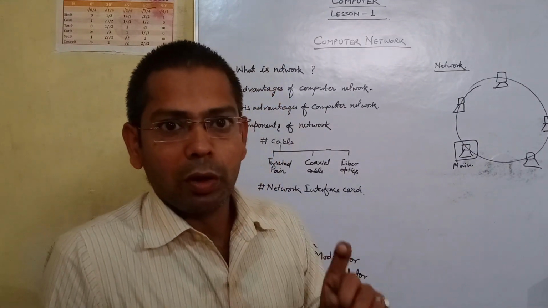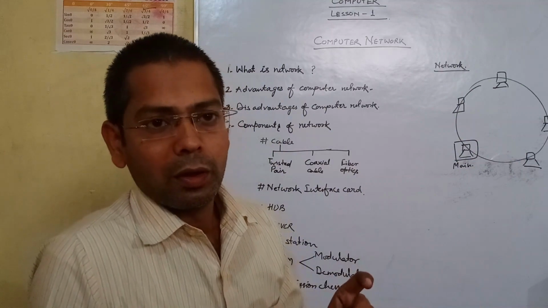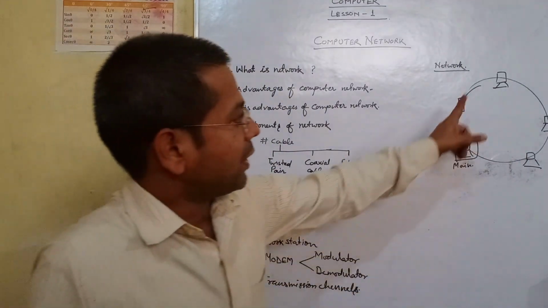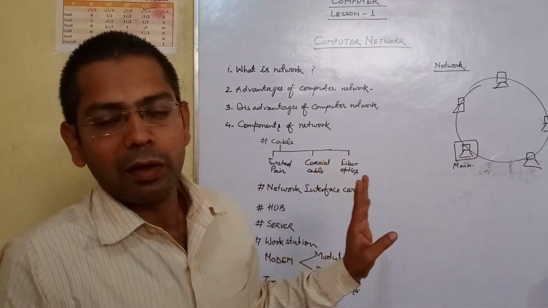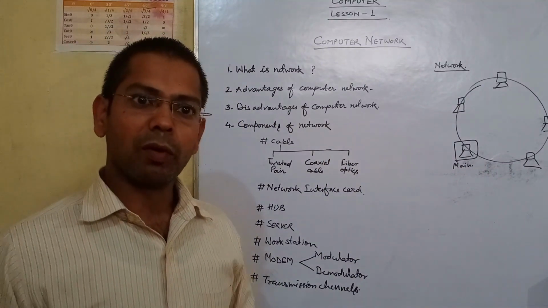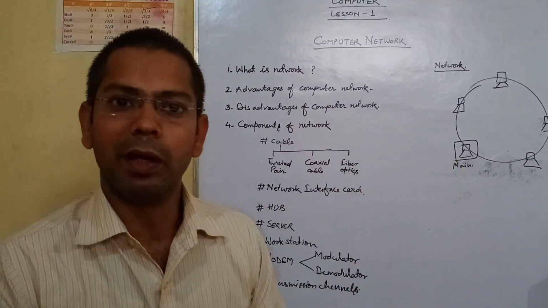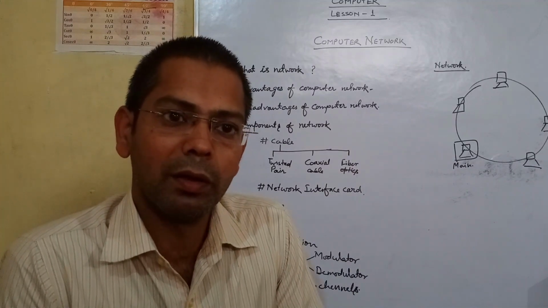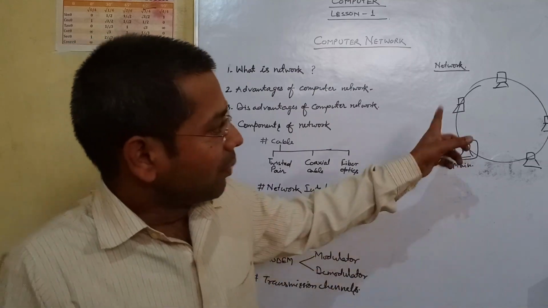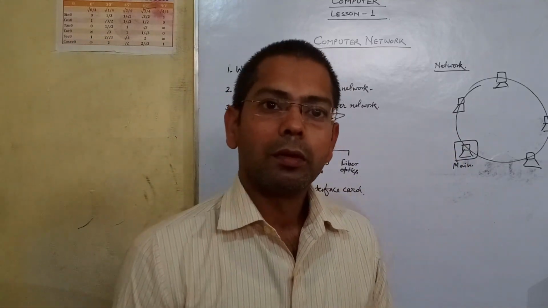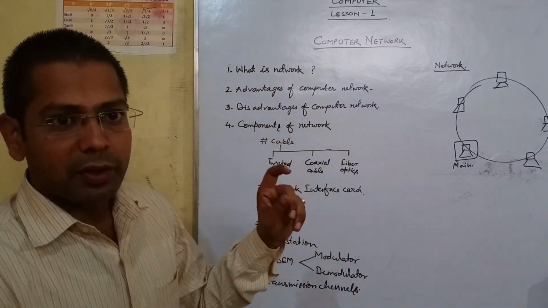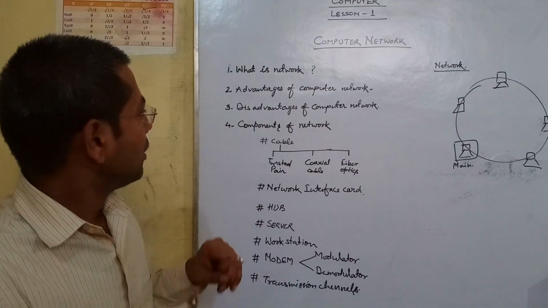The information cannot circulate, cannot be shared to all the computers because one of the computers has a problem. Or if the main computer, the server, is not working, the whole network will go down. No computer will be able to share information. And one more thing, the maintenance of the network is costly. These are a few major disadvantages of computer network.